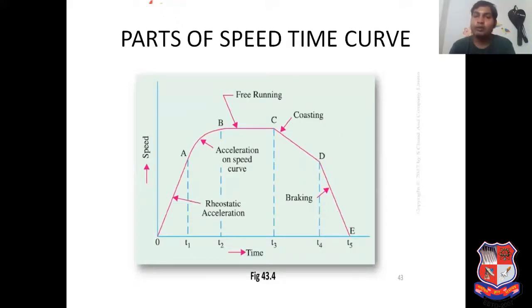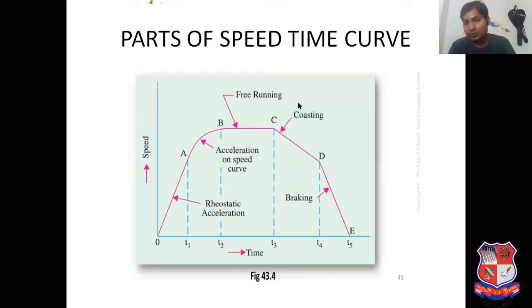And when power supply is cut, because of the frictional forces existing in form of air, surface friction and various kinds of frictions, the speed will decrease slightly, but not so fast that it will stop suddenly. It will keep on decreasing, but slowly. And after some time, when it is required to stop the train finally, the brake is applied.